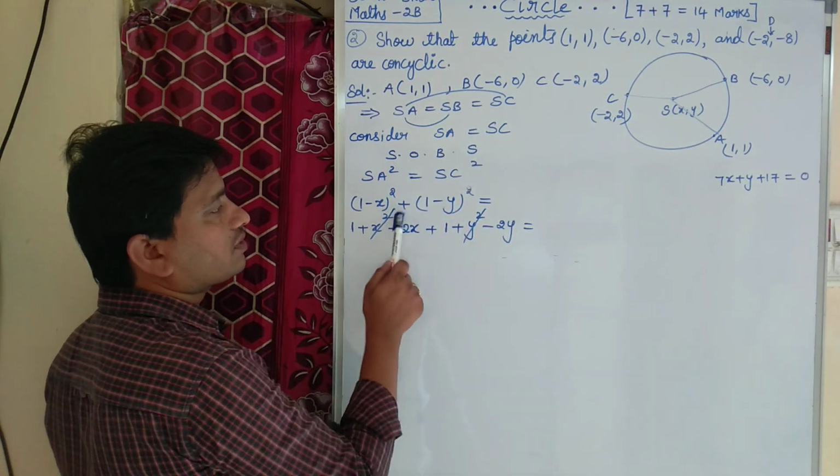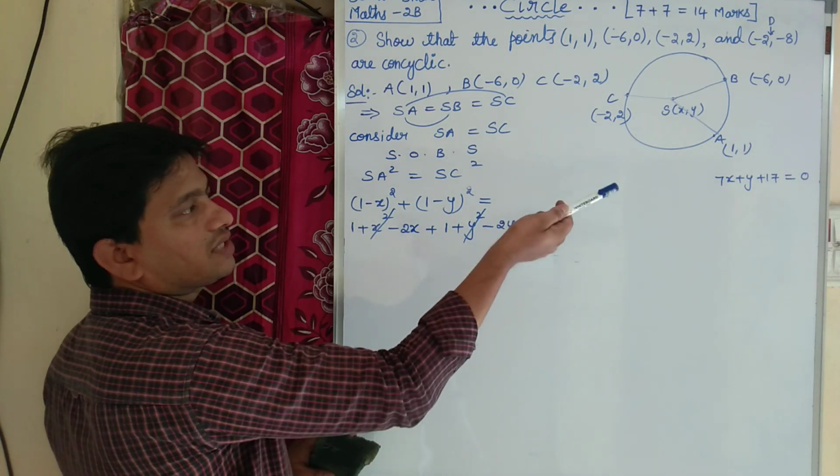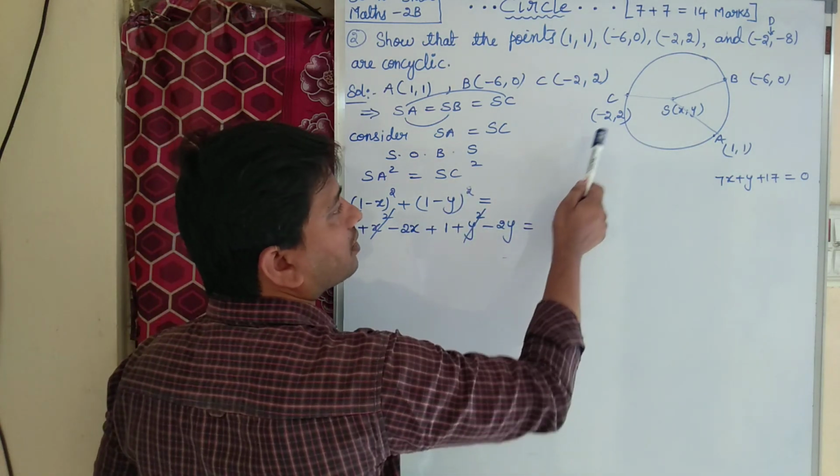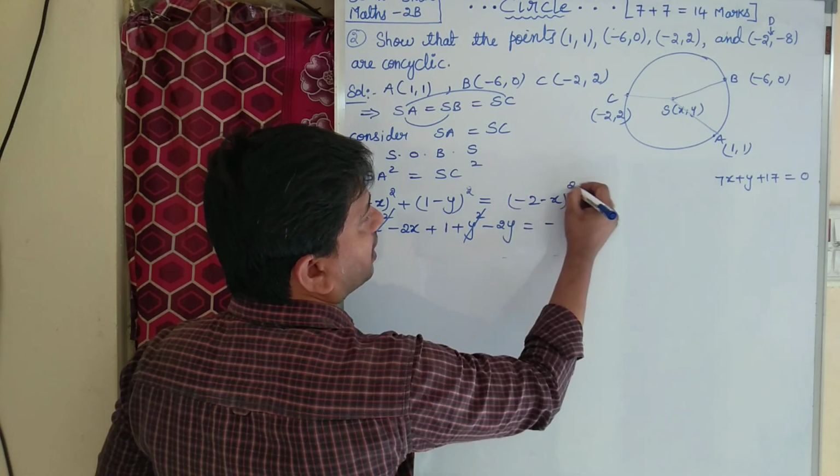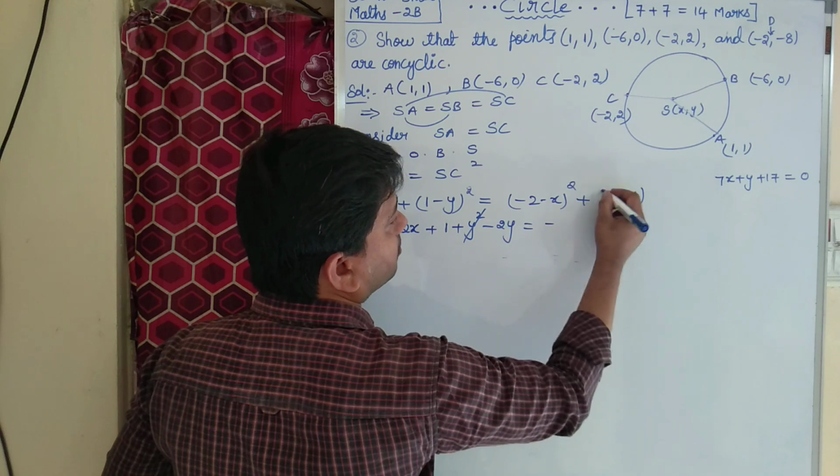SA means (1 minus x) whole square plus (1 minus y) whole square. SC means (minus 2 minus x) whole square plus (2 minus y) whole square.